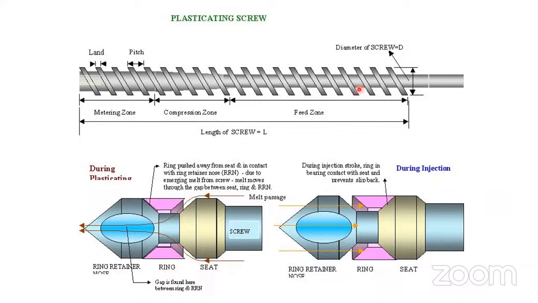Therefore, friend, flight depth is higher in the feed zone. Then, second, the flight depth goes on decreasing from the feed zone to the metering zone. See now here, here is higher, lower, lower, lower, and lowest. The flight depth goes on decreasing.